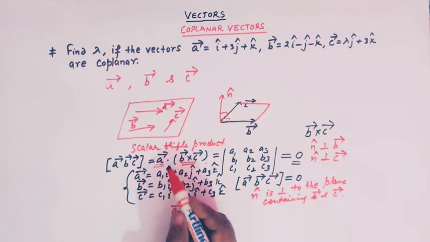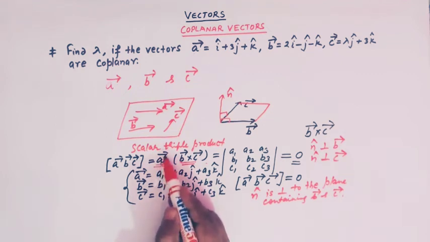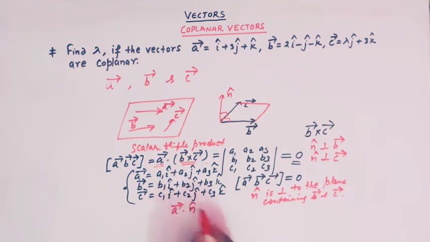So when we take the dot product of vector A with n cap, and if the dot product of these two vectors is 0, it implies that n cap is also perpendicular to vector A, right? Because the dot product of two vectors is said to be 0 if the angle between the two vectors is 90 degrees, right?